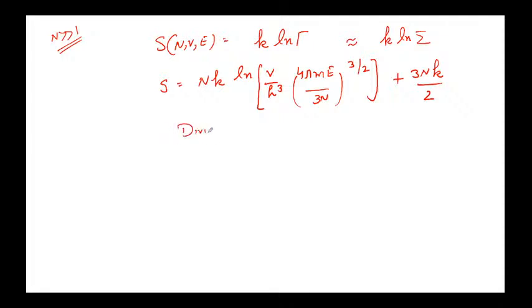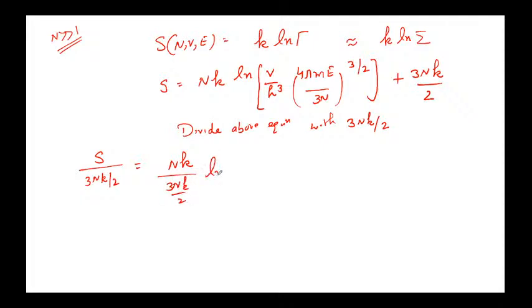If we divide the above equation by 3nk by 2, this becomes S over 3nk by 2 equal to nk over 3nk by 2 log of V over h cubed, 4 pi m E over 3n to the power 3 by 2, plus 1.